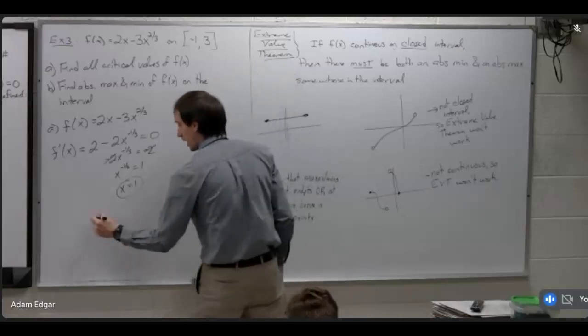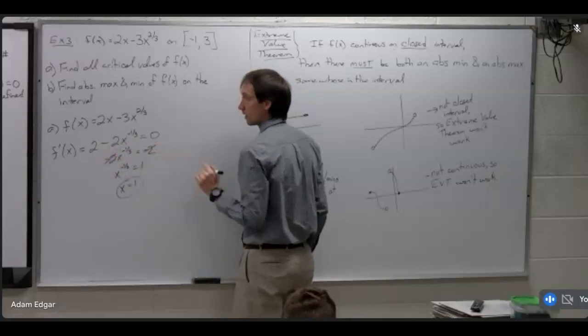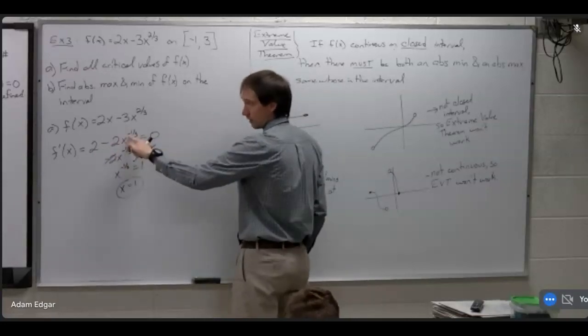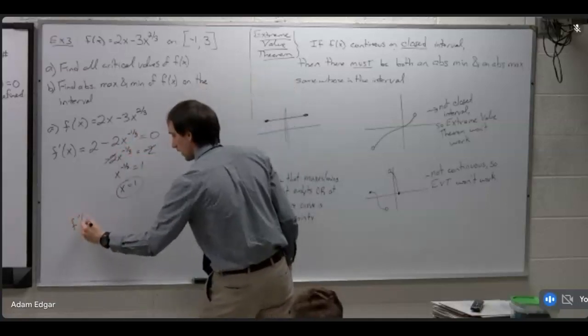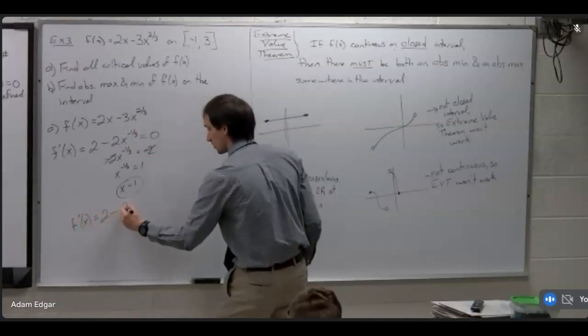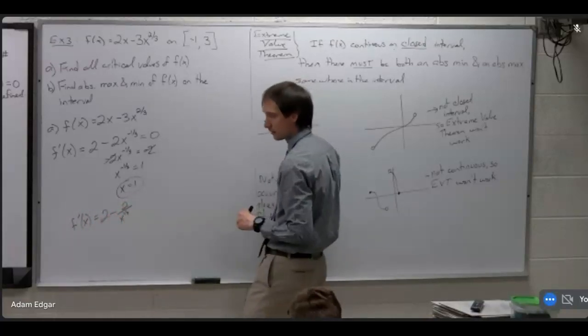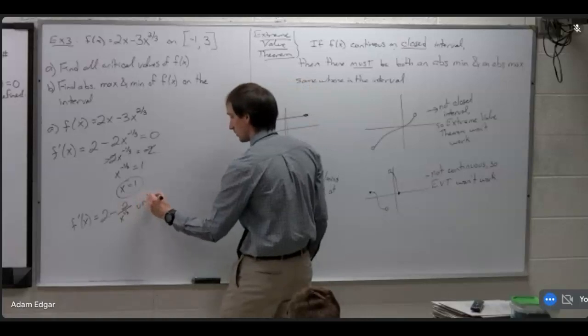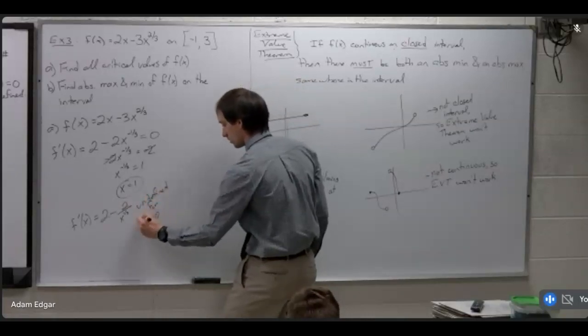Is there an x value that makes this undefined? And that's where having this written without the negative exponent is maybe helpful. So if you think f prime of x is also 2 minus 2 over cube root of x, what x makes that undefined? Right, so you say that's undefined for x equals 0. So these are your critical numbers.